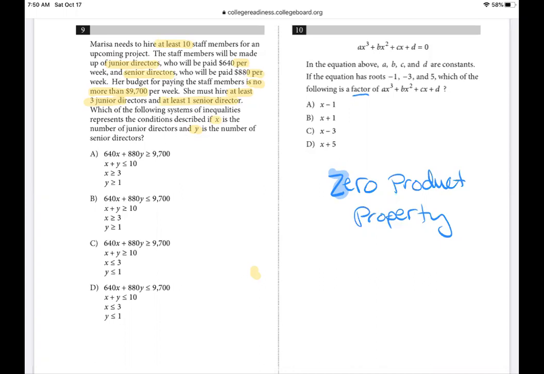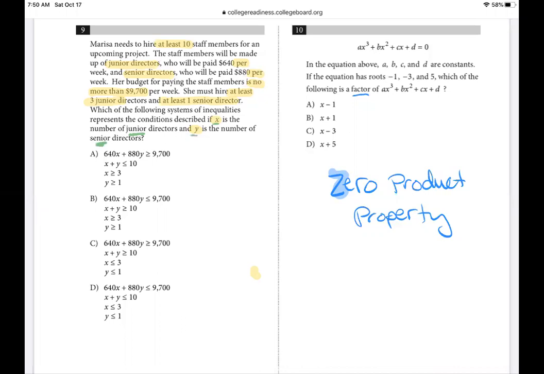Okay, so for number 9, we translate the information into inequalities, again, paying attention to what our labels are. So for this situation, we have X for the number of junior directors, and Y for the number of senior directors.